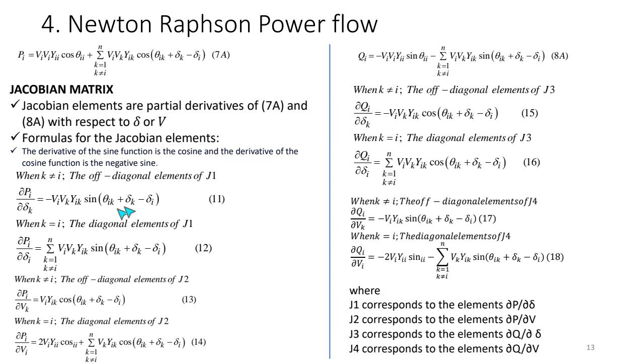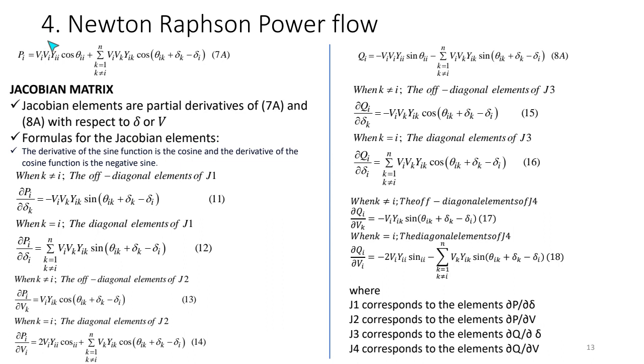Students, were you able to understand equation 11? In equation 11, we are deriving the partial derivative of Pi with respect to delta k. We just need to take the partial derivative of equation 7a with respect to delta k.